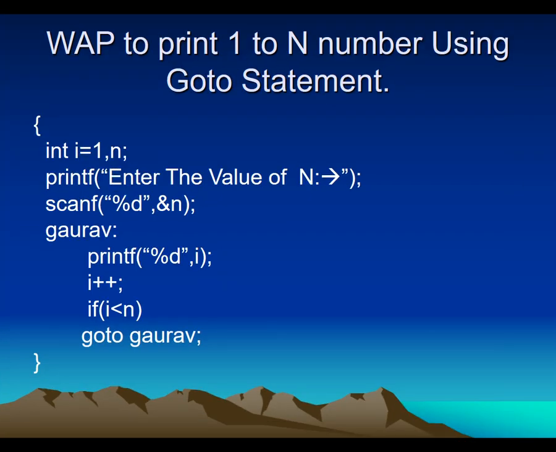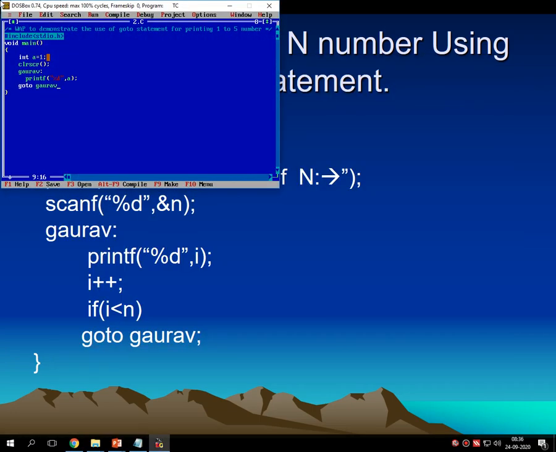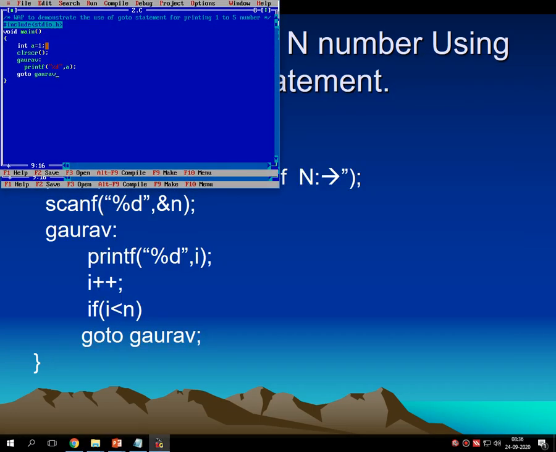Let me check the sequence once again. First we have to give the condition and then the label name. So if a is less than or equal to 5, go to Gaurav, and for this here I am incrementing the value. Let me check first whether it will work or not, then I will explain the entire code again.